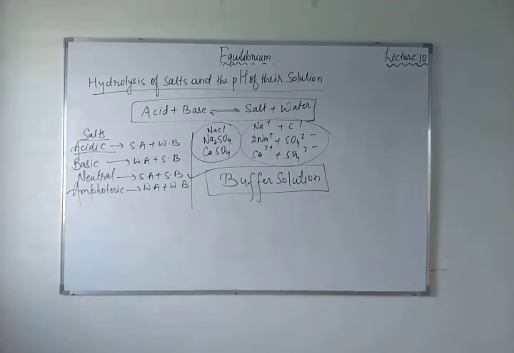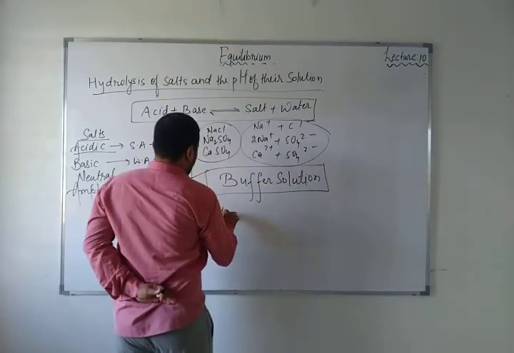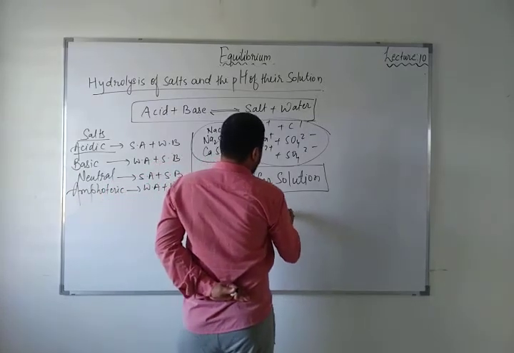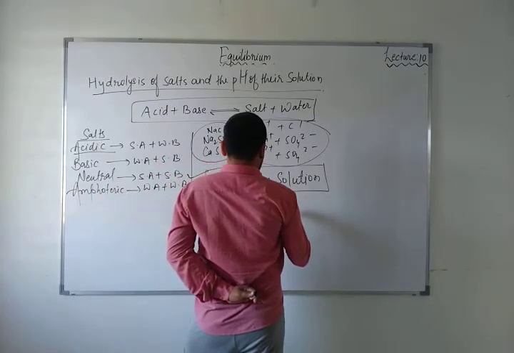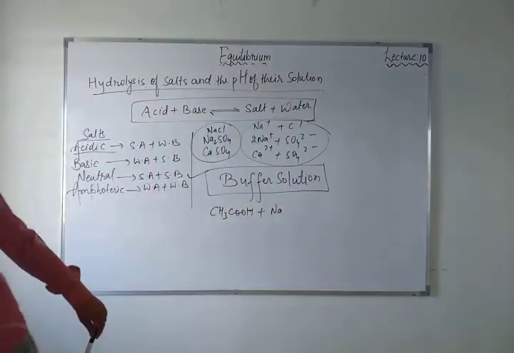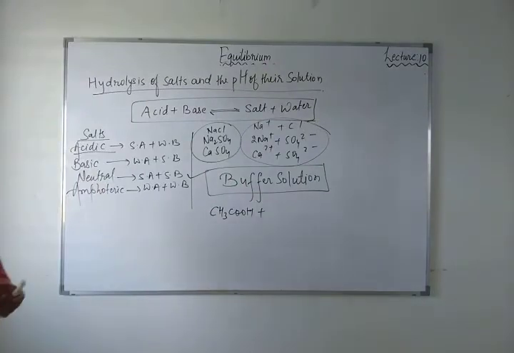Just suppose acetic acid, CH3COOH, and sodium acetate, NaCH3COO, you can write like this, CH3COONa, sodium acetate. What will happen? Can you tell me?